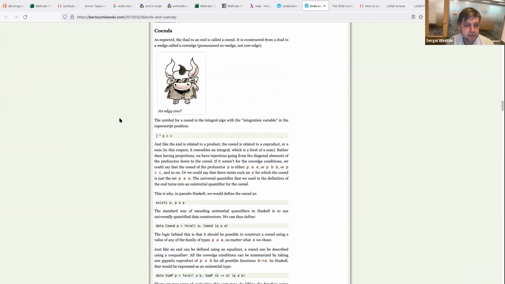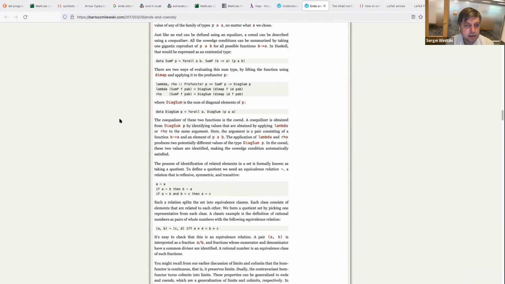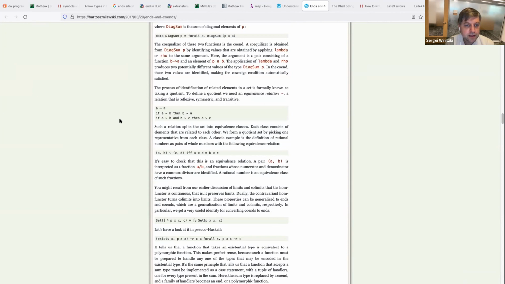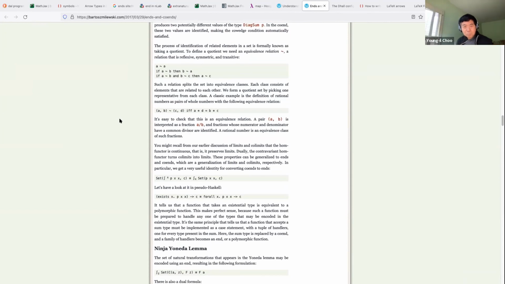Because with coends you've got exists A, P A A, a quotient, and then in pseudo-Haskell, exists X, P X X to C. The sum type is replaced by coend, and the family of handlers becomes an end.